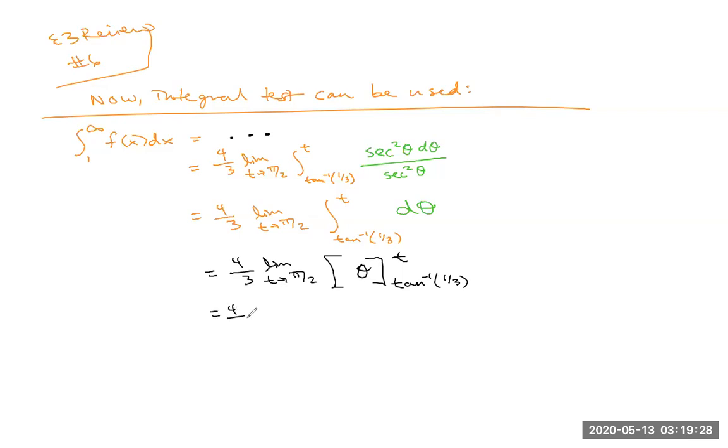Now, I want to emphasize, keep your limit on here until you plug your t's in. So t minus tangent inverse of 1/3. So as t goes to pi over 2, would this be a real defined value?